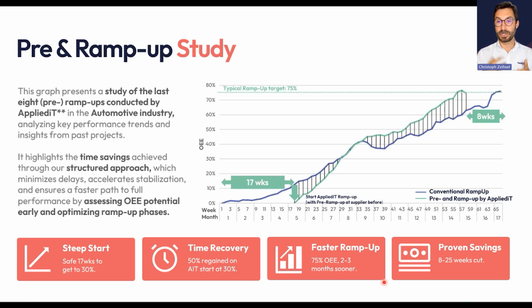If you apply a pre-ramp-up, that means if the engagement, the method and the progress already starts on the design or post-design of a line, and then even if we start later after SOP or at any point of the OEE level, we clearly can still catch up some time, as you see here in the gap, to conventional ramp-up approaches.